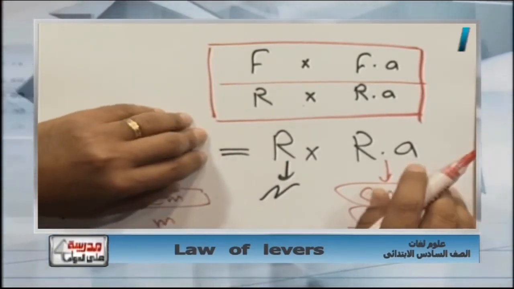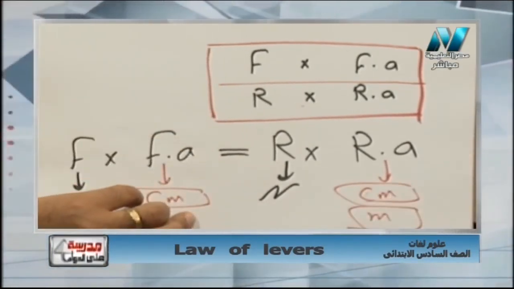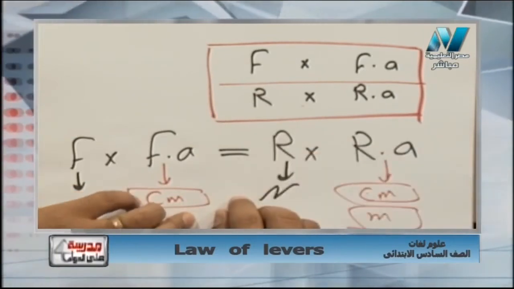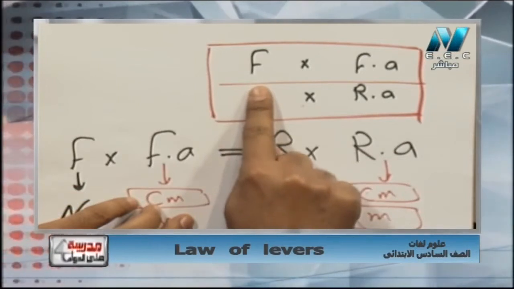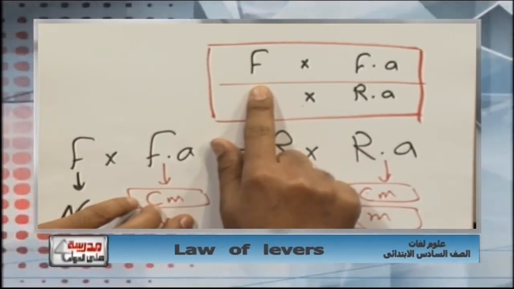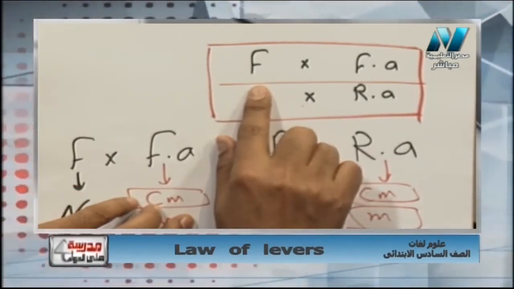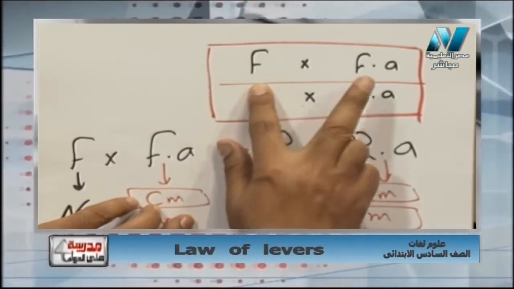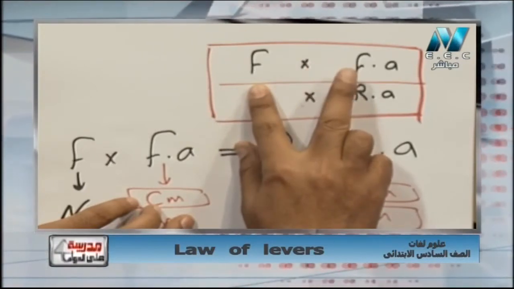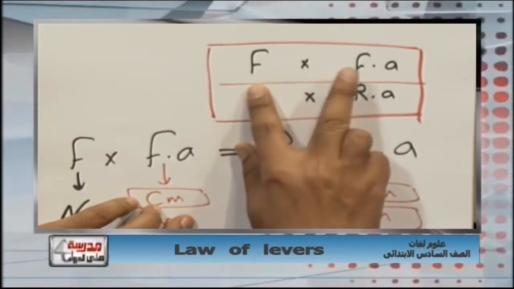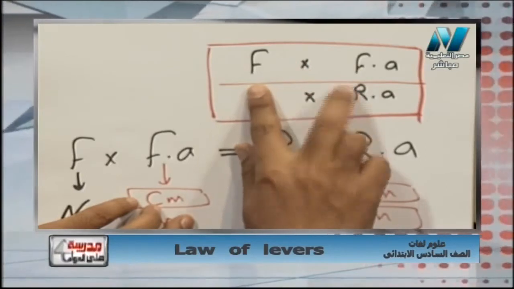So now, if he gave you three of these values and asks you to find the fourth, such as resistance, how can you find the resistance? I can say force times force arm, because this is the complete side, divided by resistance arm.